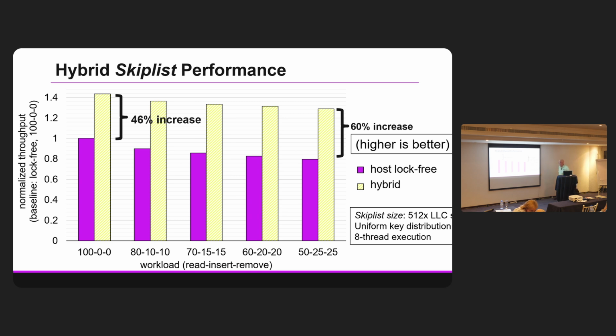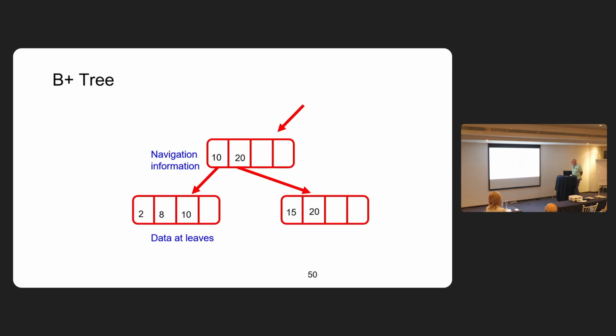So here too I'm going to pause a little bit to give you a review on what a B+ tree is, although I'm sure most of you are already quite familiar with this. A B+ tree is an n-ary tree where internal nodes have navigation information. They tell you which direction to go in if you're looking for something, and the actual data lives at the leaves.